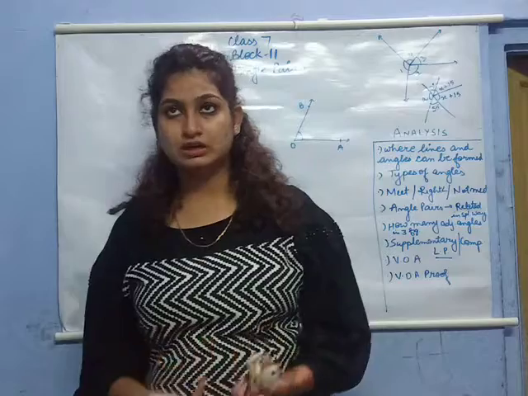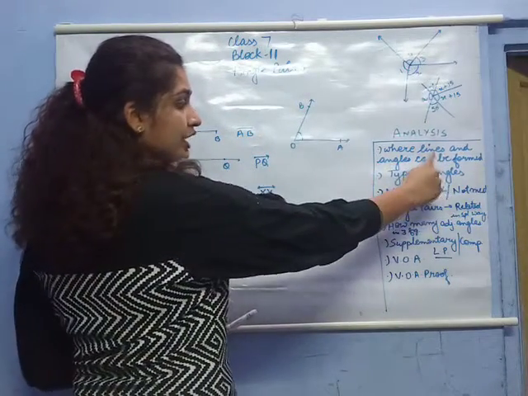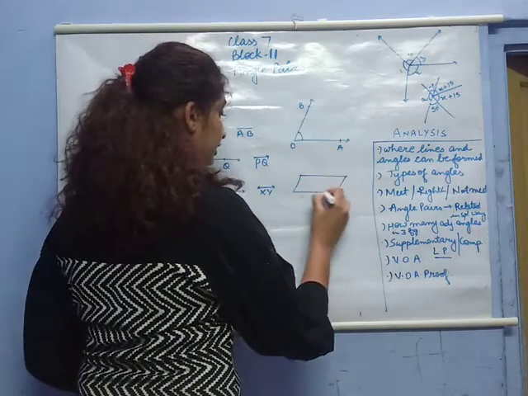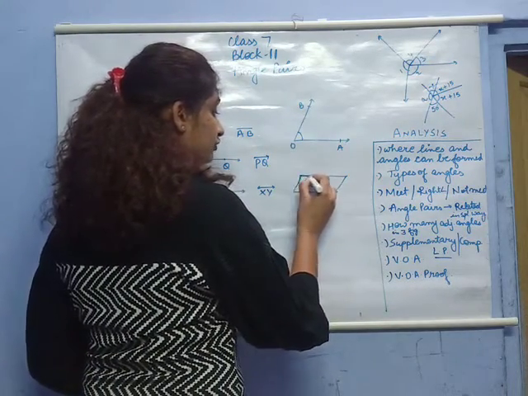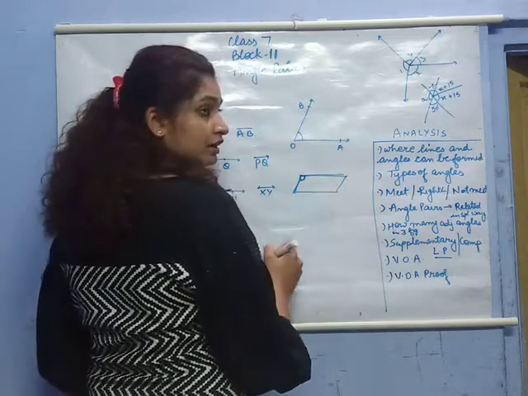In our classroom and at our home, we can find various examples having lines and angles. If I take the example of a tabletop, this is an angle formed by a tabletop. This is a line segment, this is a line segment, right?